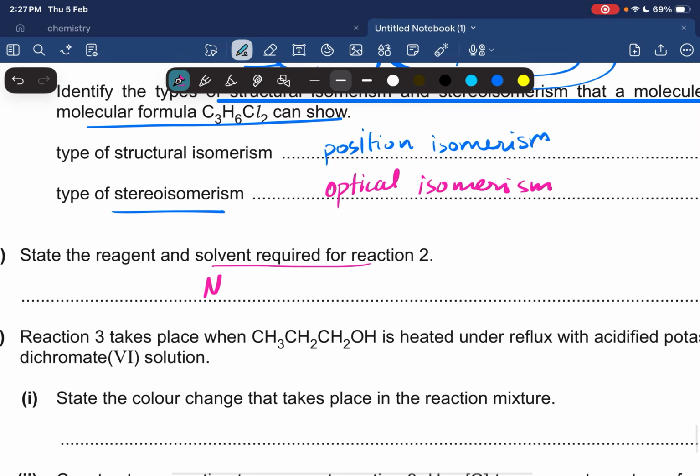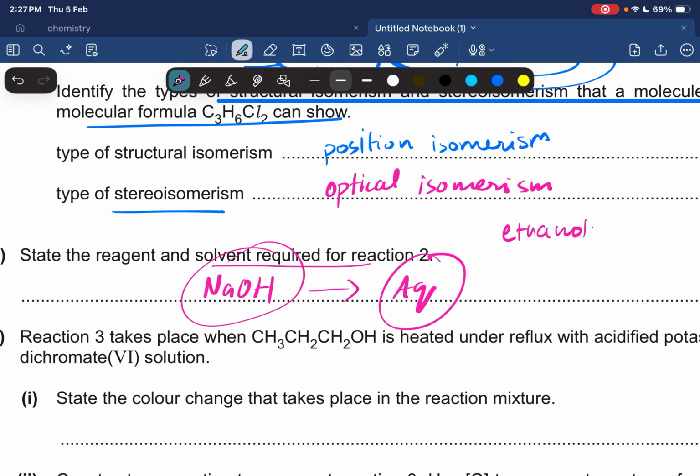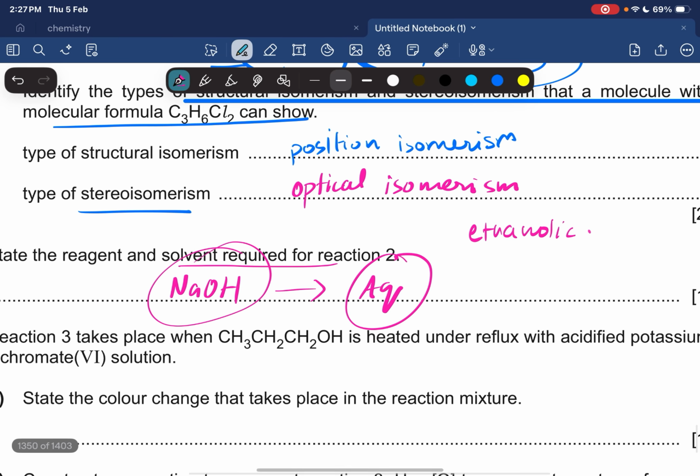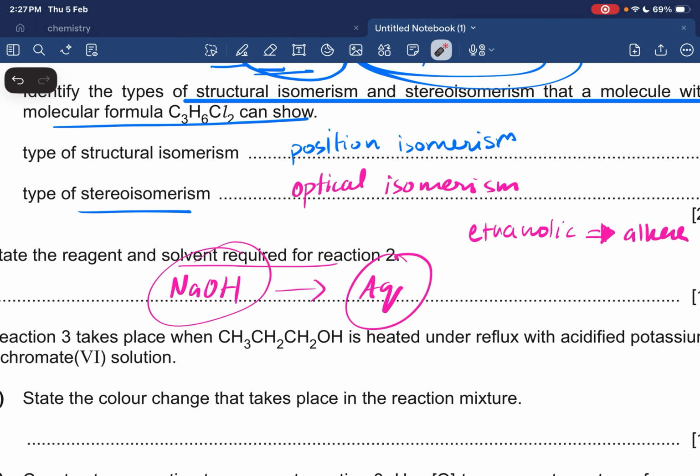We add NaOH, and the condition for that NaOH should be aqueous, in water. Because if we have NaOH that's ethanolic, then we're going to form an alkene from a halogenoalkane.